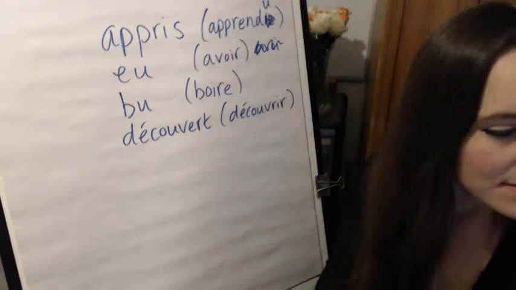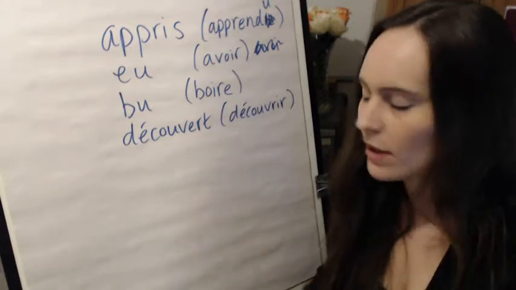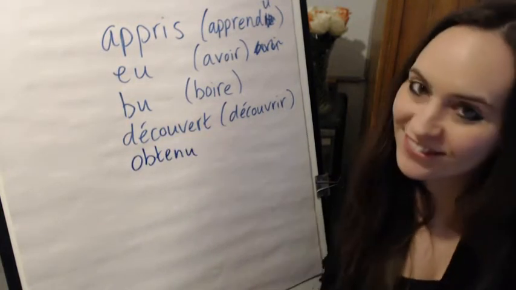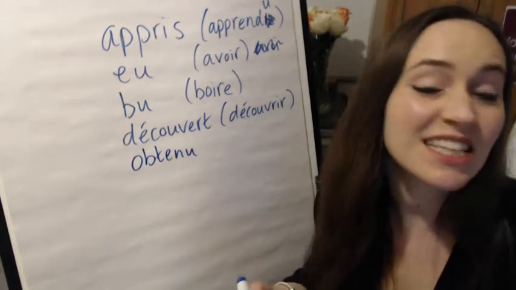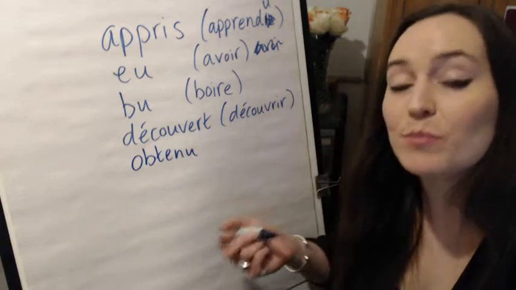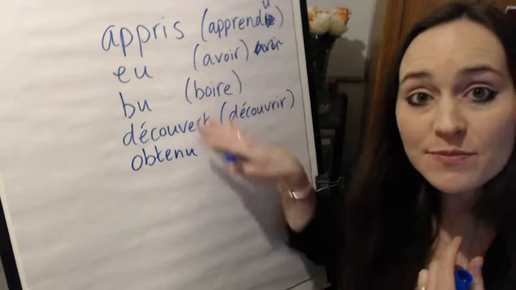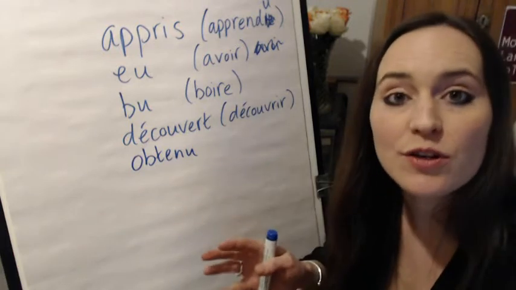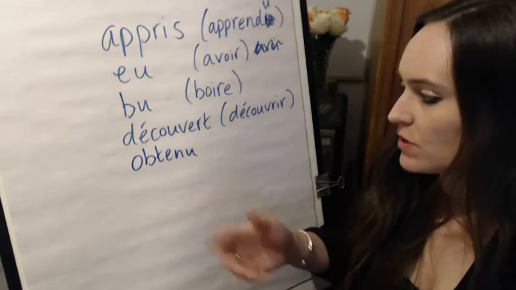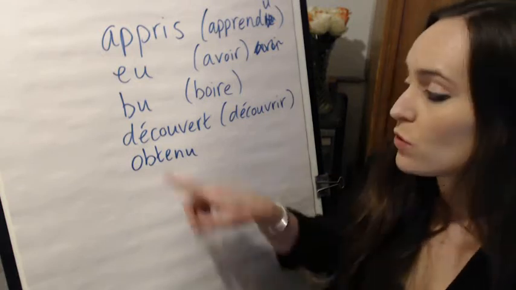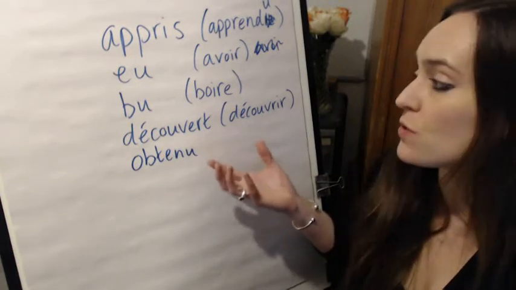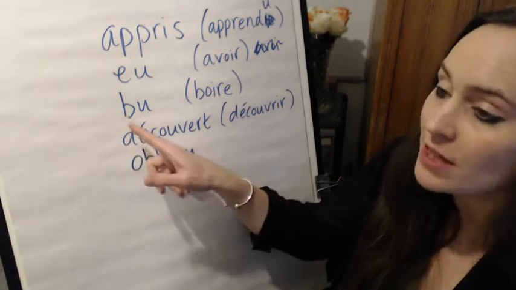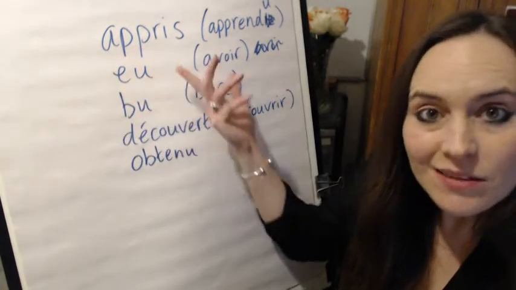Let's have a look at the rest of them. Obtenu. That looks a bit like the English to obtain. So obtained. Remember, these are past participles. These go after the auxiliary verb avoir. So it could be, for example, nous avons découvert quelque chose. Il a bu un café. Qu'est-ce que tu as appris, for example.